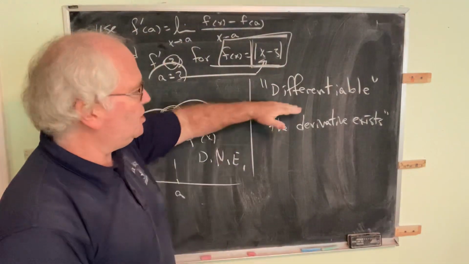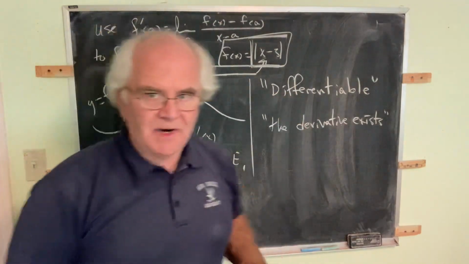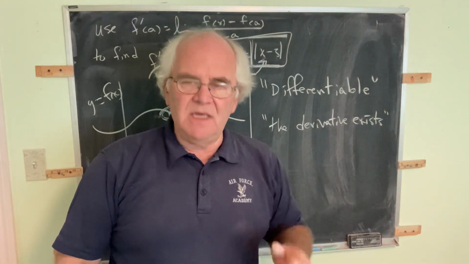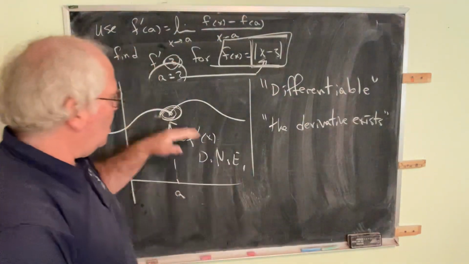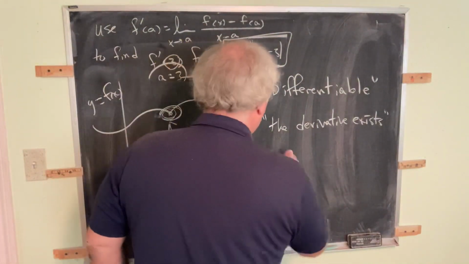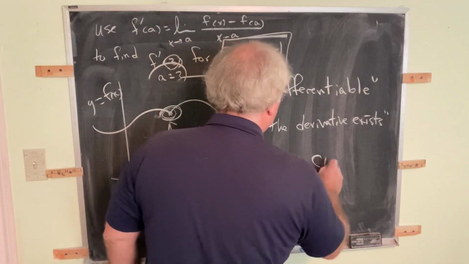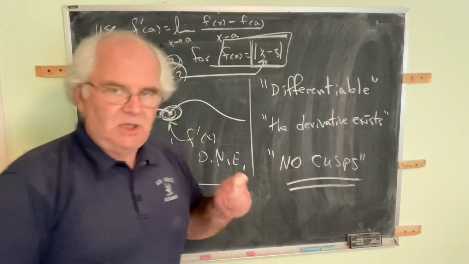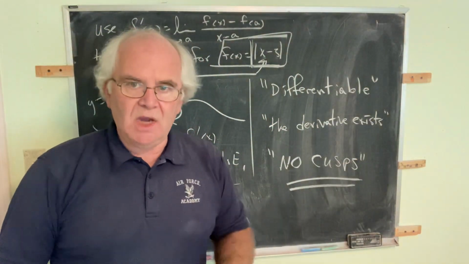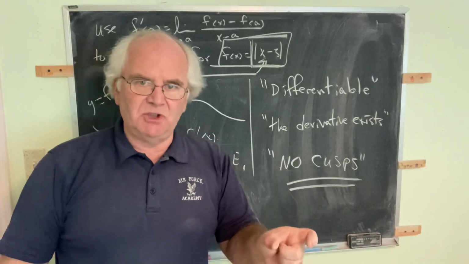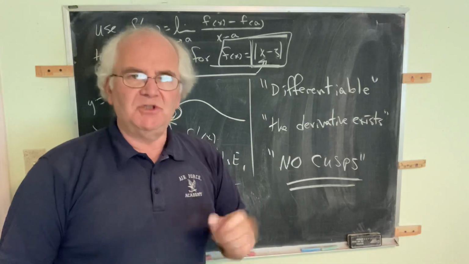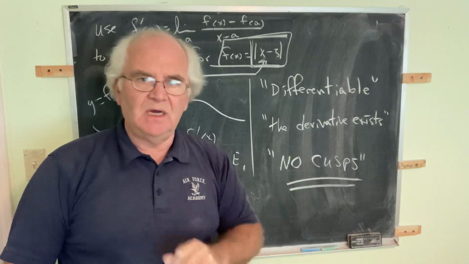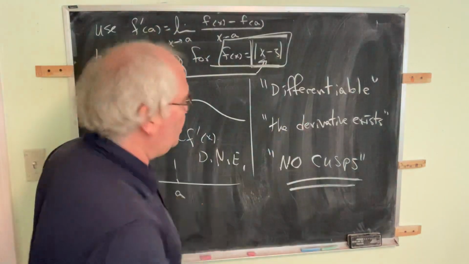If we say the function is differentiable on an interval, that means also no cusps. Differentiable means no cusps. A function is differentiable on an interval if the function does not have any cusps on that interval.